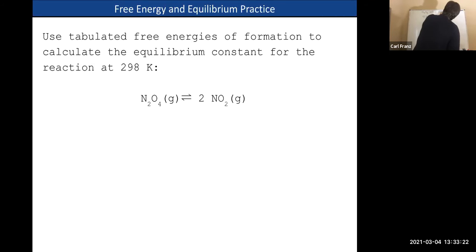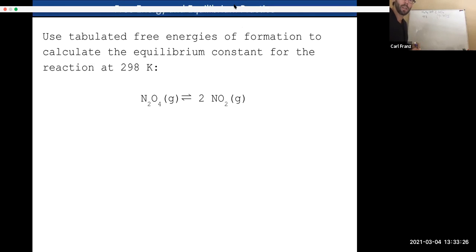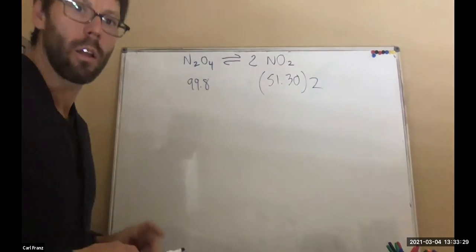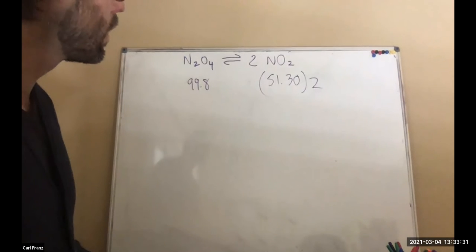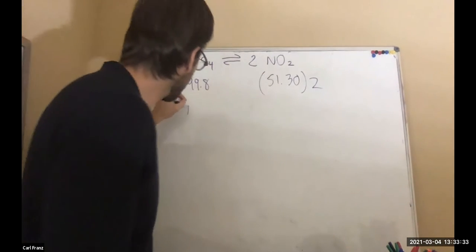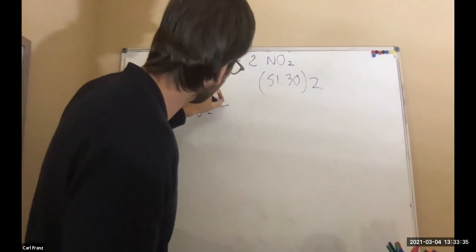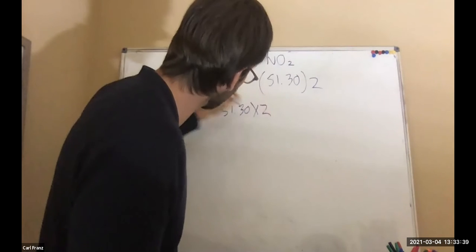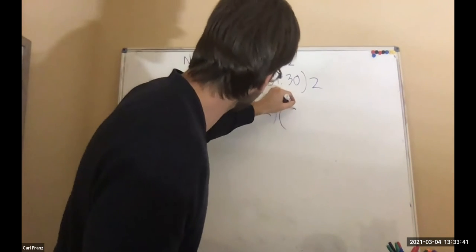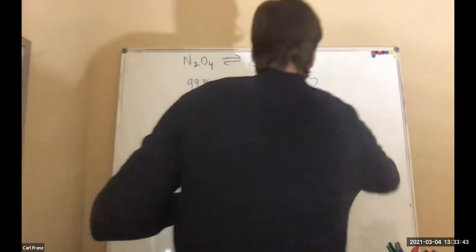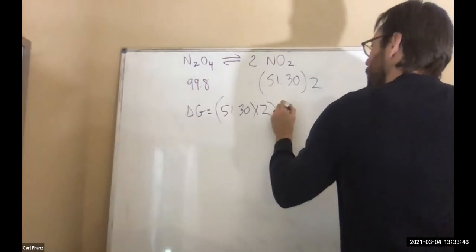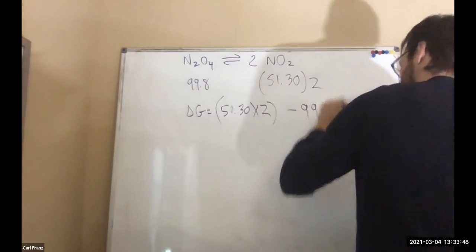Great. And then we multiply that one by 2, right? Because of the coefficient. Great. So delta G is equal to 51.30 times 2 minus 99.8.